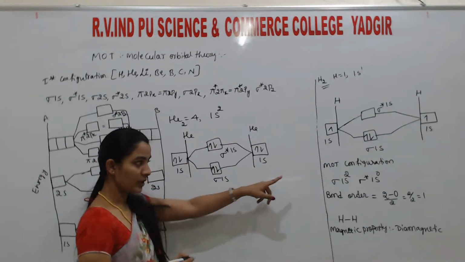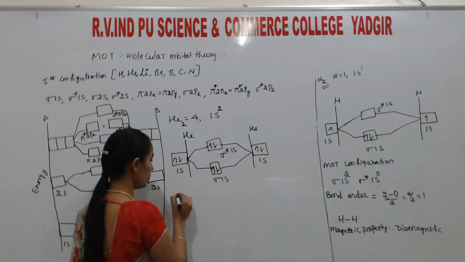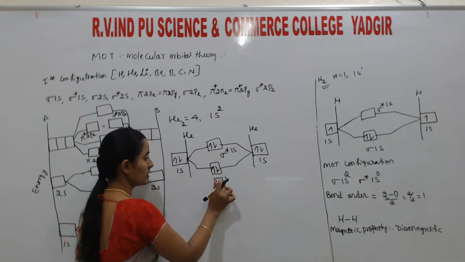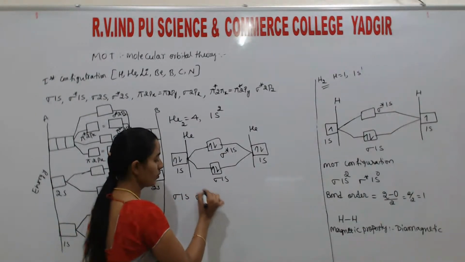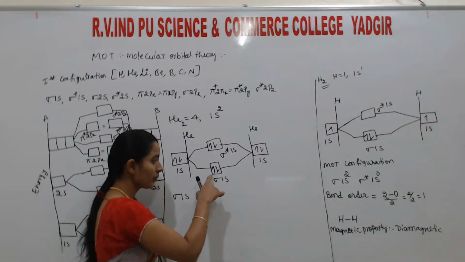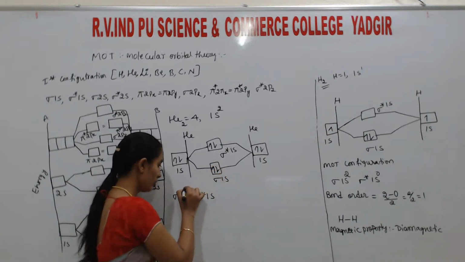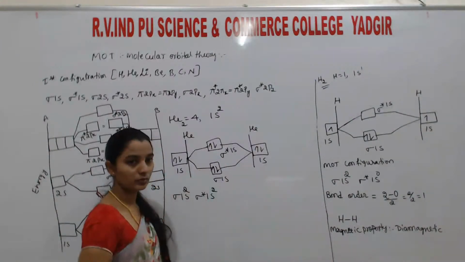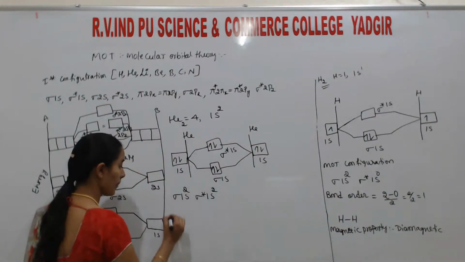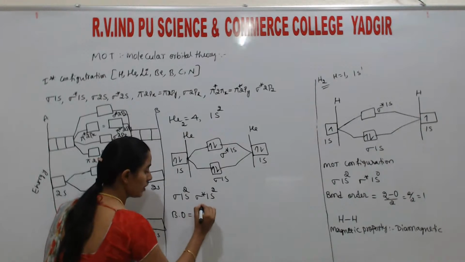Now the MOT configuration. How to write? Sigma 1s, sigma star 1s. How many electrons are present in sigma 1s? 2. In sigma star 1s? 2.